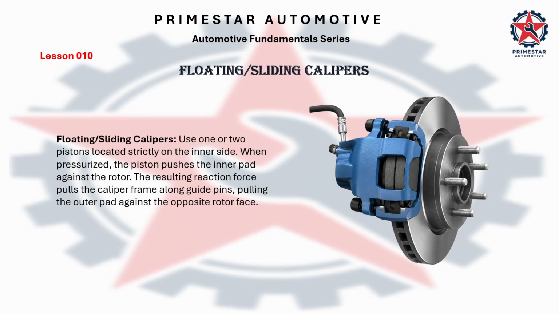Floating or sliding calipers use one or two pistons located strictly on the inner side. When pressurized, the piston pushes the inner pad against the rotor. The resulting reaction force pulls the caliper frame along guide pins, pulling the outer pad against the opposite rotor face.